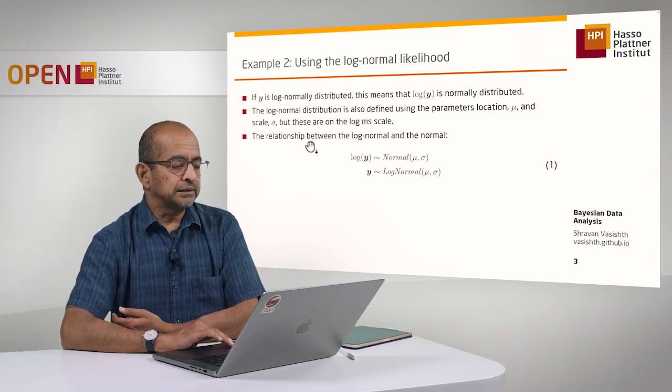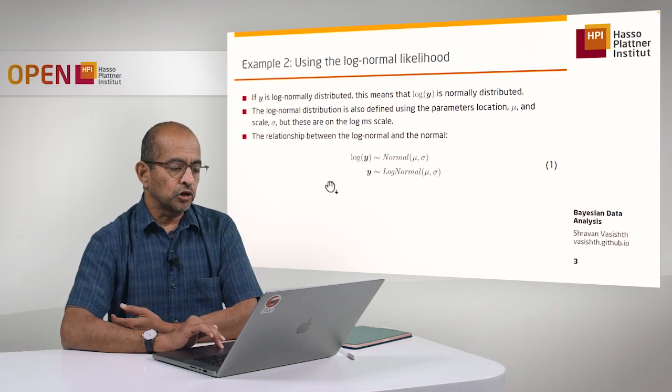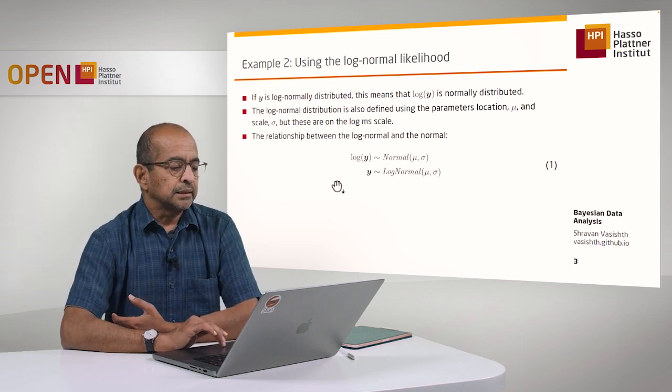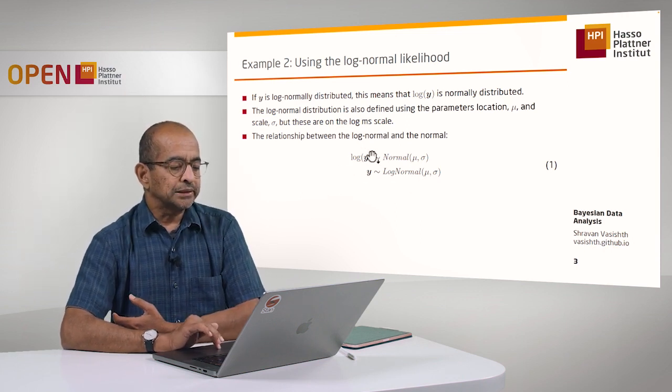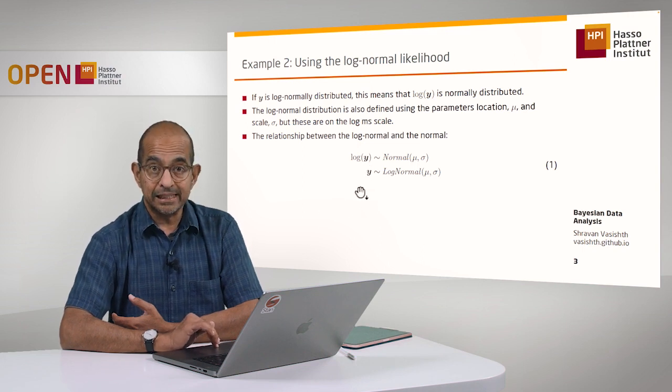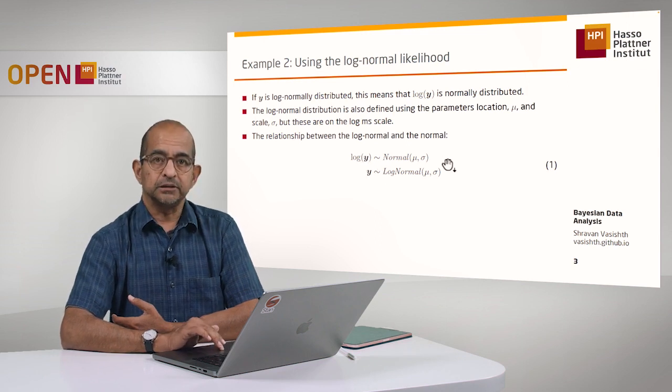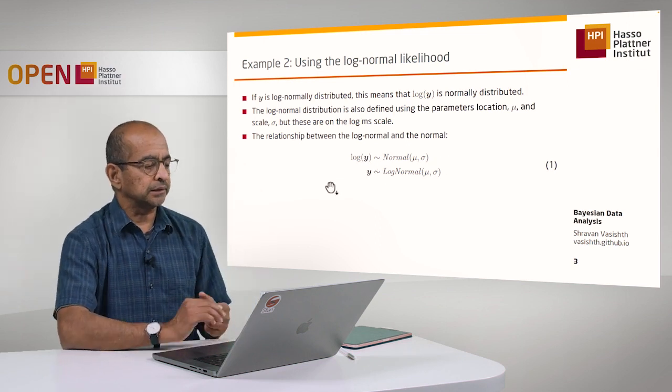So basically the relationship between the log normal and the normal is stated here, right? If y is log normally distributed, then what you could do is take the log of the observed data. This y is always in milliseconds, so you could take log milliseconds and that would be normally distributed then. That's the important thing here.